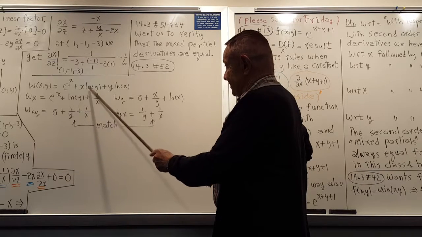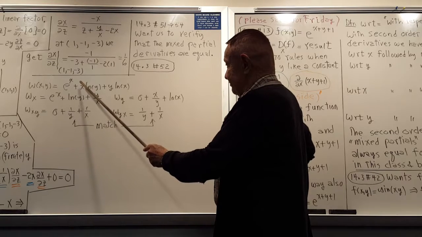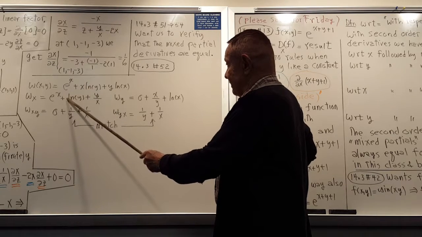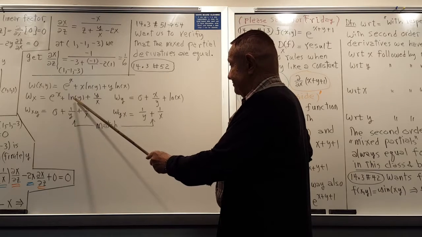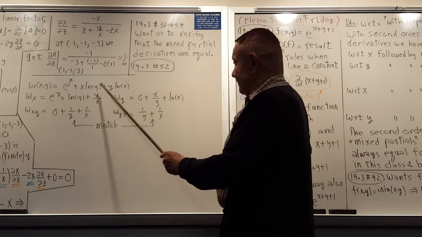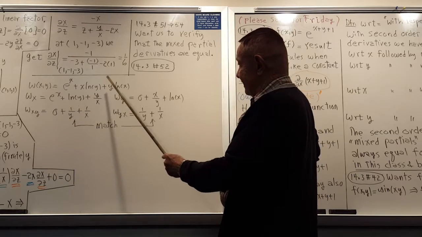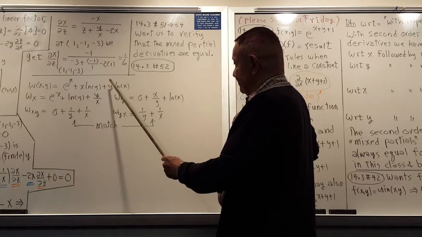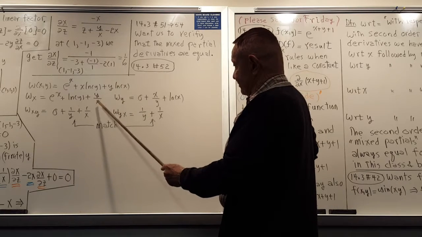So it isn't really a product rule problem, it's just the derivative of x, which is 1, times what you're treating like a constant. So you get log y. And then the same game here, remember you're doing the partial with x, so it's that constant times the derivative of log x, which is 1 over x.